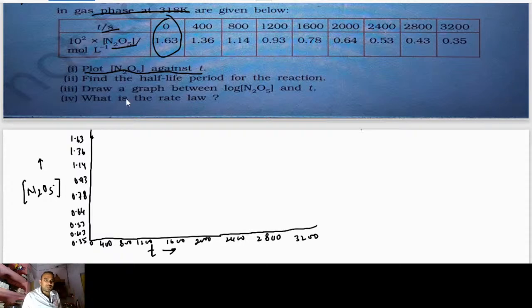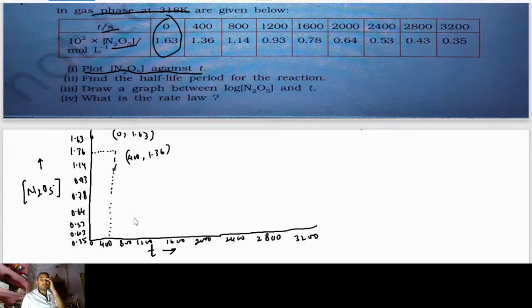So the first point is what, 0 time, comma 1.63. So this is the first one. Now student, the second point you see is 400 and 1.36. So the point is called 400 comma 1.36, this will come.